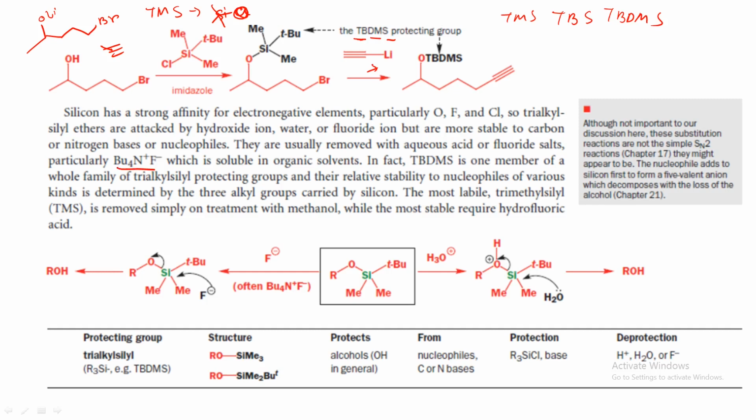This F minus has a stronger affinity to silicon, as you can see, this particular electronegative element has strong affinity towards silicon, like oxygen, fluorine. If this kind of species is in your system, silicon can easily be attacked.